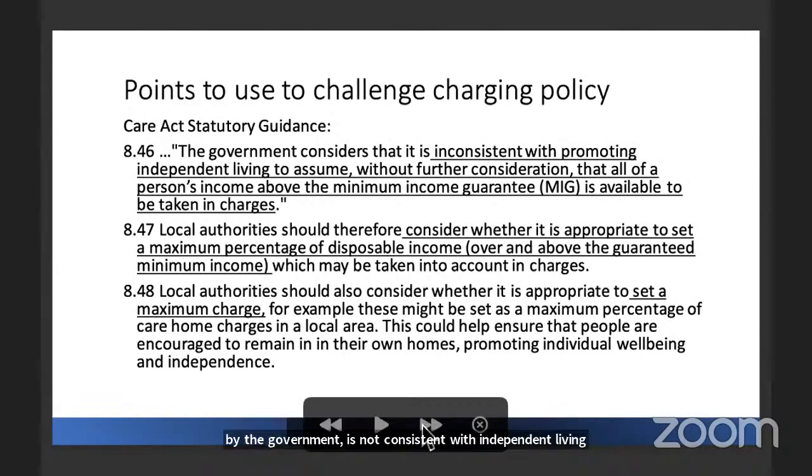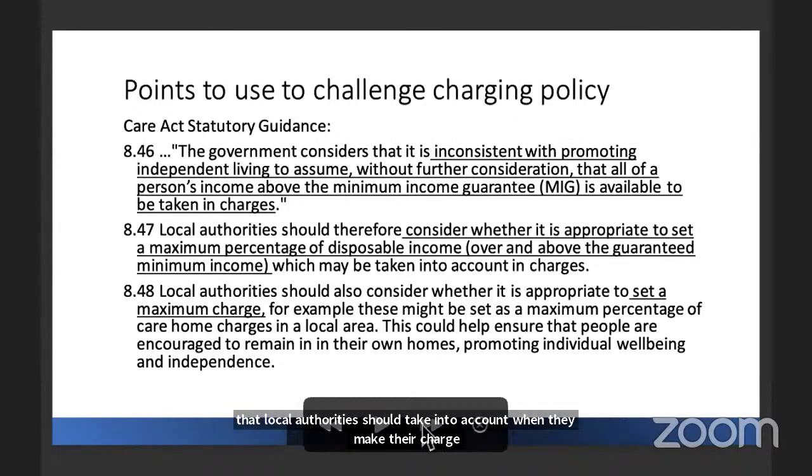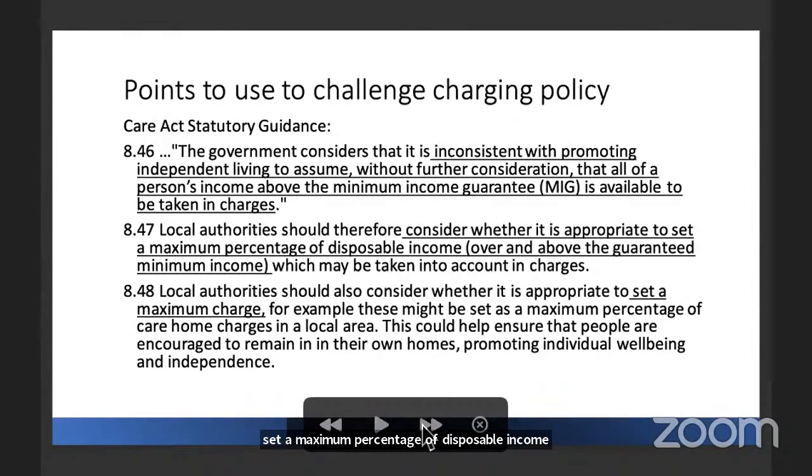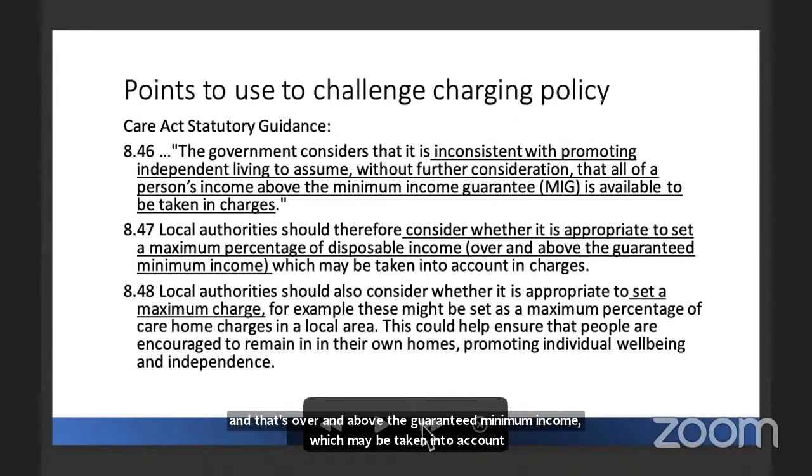And the next 2 points are suggestions that local authorities should take into account when they make their charging policies. And that's whether to consider if it's appropriate to set a maximum percentage of disposable income. And that's over and above the guaranteed minimum income, which may be taken into account, which is 8.47.